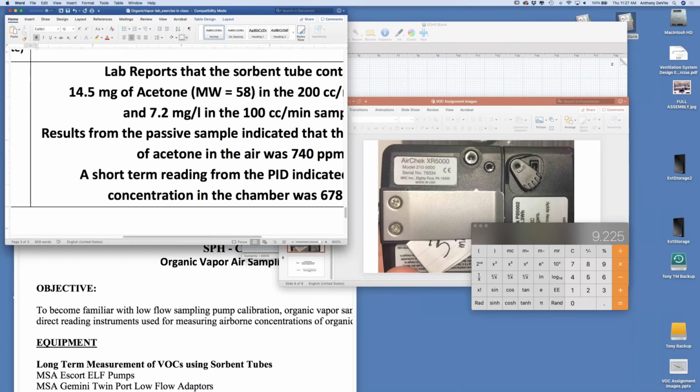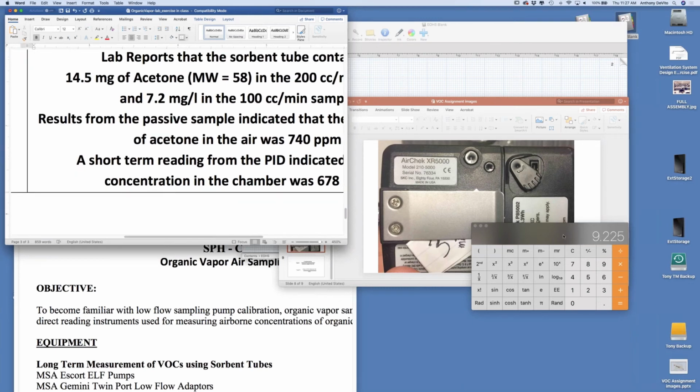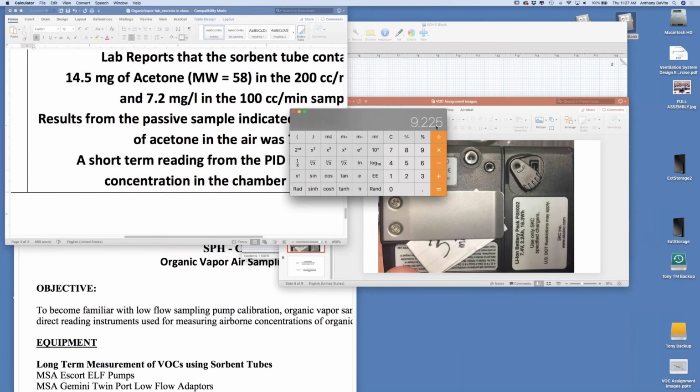We actually sampled only 9.225 liters, so there would be much more than 14.5 milligrams of acetone in the air this was exposed to. If there were 14.5 milligrams of acetone in 9.225 liters of air, how much was there in a cubic meter? A cubic meter is 1,000 liters of air.